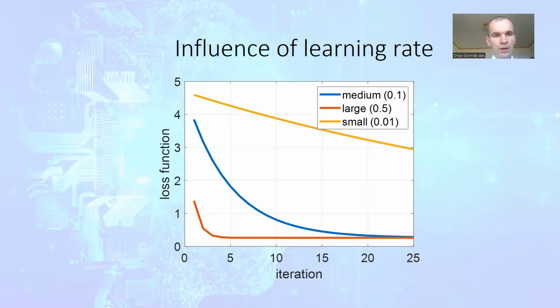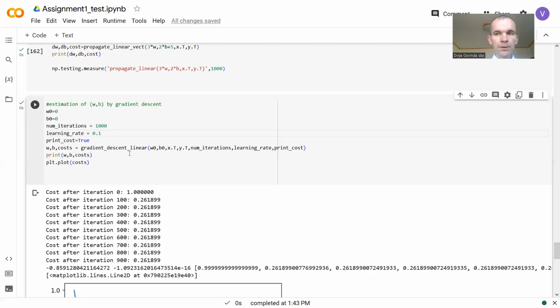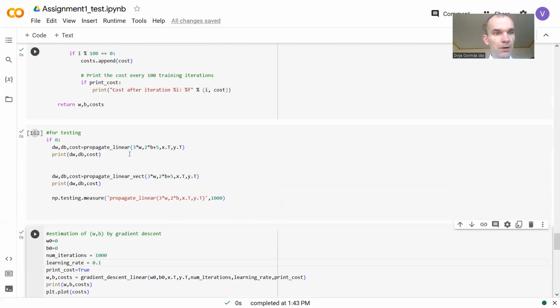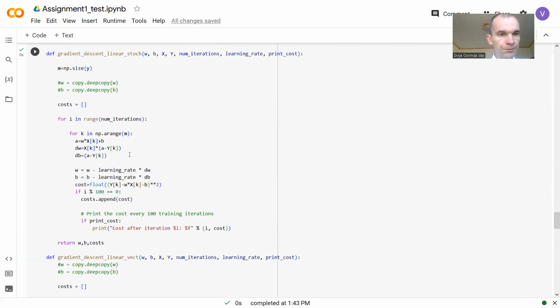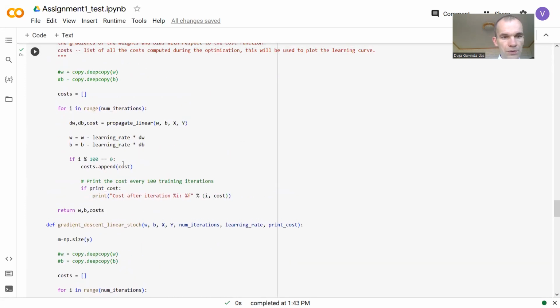One additional detail which I wanted to point out here is that we can optimize the computational implementation of the gradient descent method by vectorizing. I have here the source code for gradient descent as we discussed it just now.